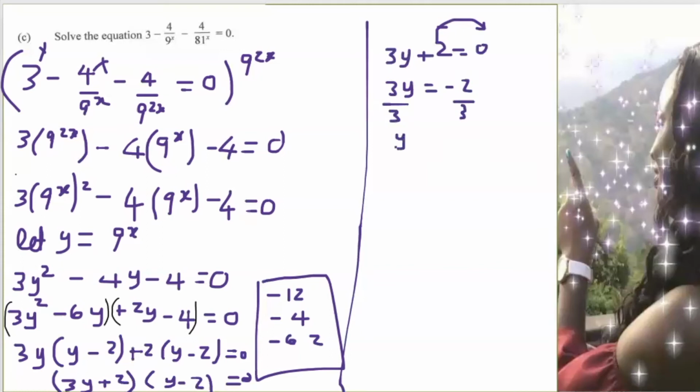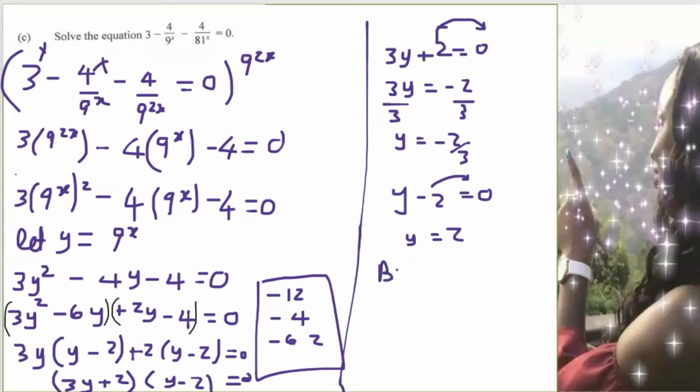So y is equal to minus 2 over 3. Now the next part, I equate it to 0: y minus 2 equals 0. Carrying the 2 over the equal sign, I have y is equal to positive 2.